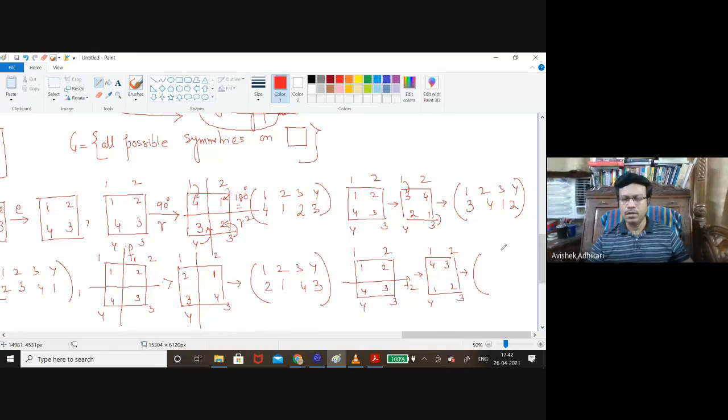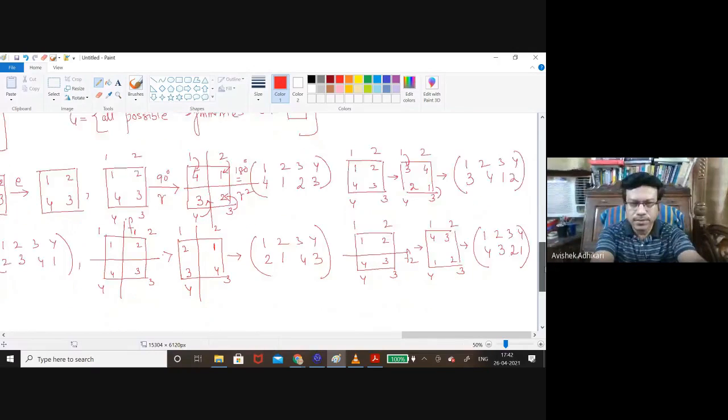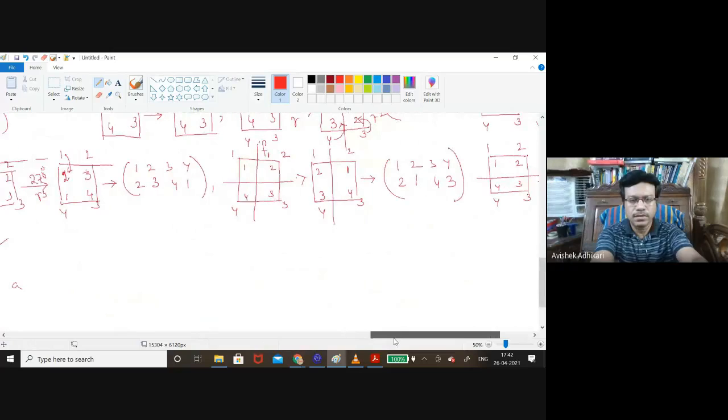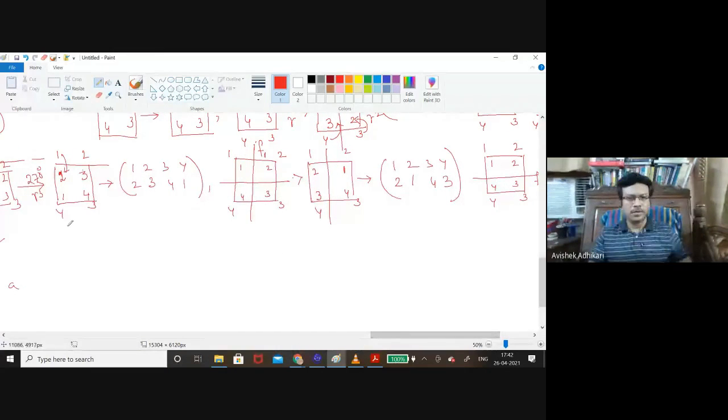And permutation wise, 1 goes to 4, 2 goes to 3, 3 goes to 2, 4 goes to 1. Okay, any other symmetry?